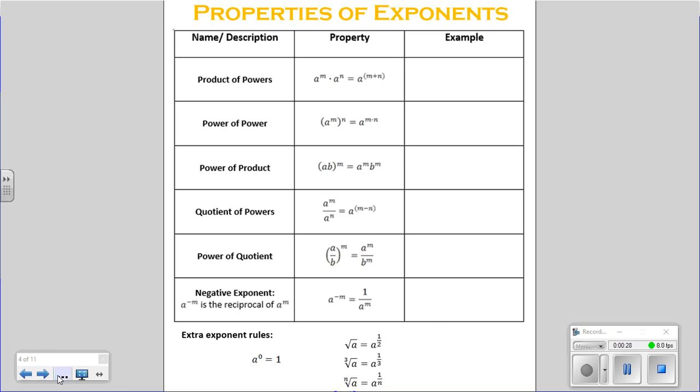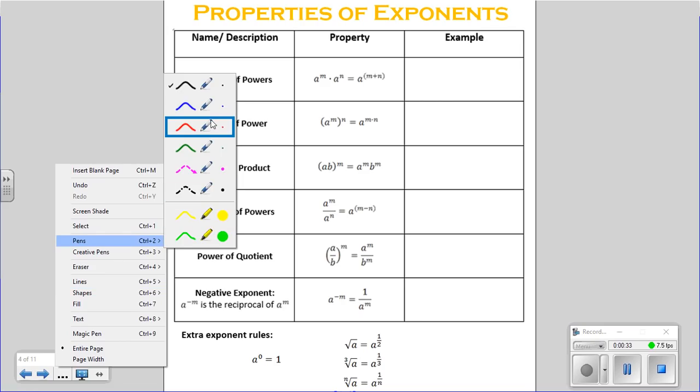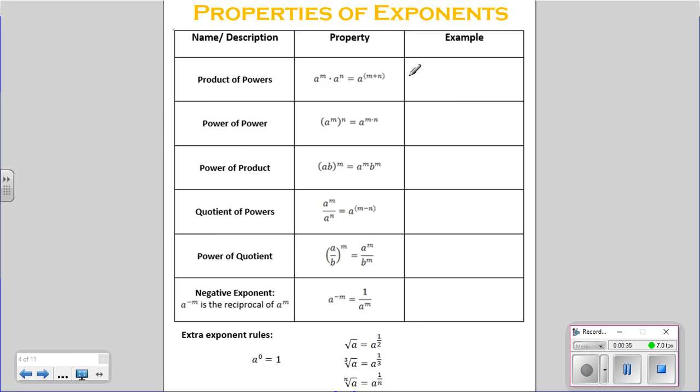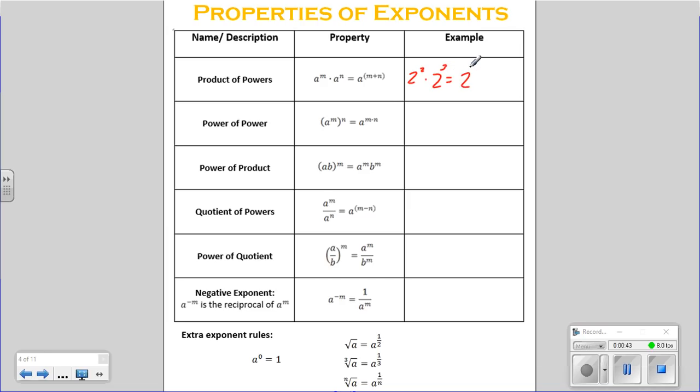So for example, let's say I have 2 to the power of 2 times 2 to the power of 3. That's going to equal 2 to the power of 2 plus 3, which is simply 2 to the 5th power. So you add your exponents when you're multiplying exponents with the same base.